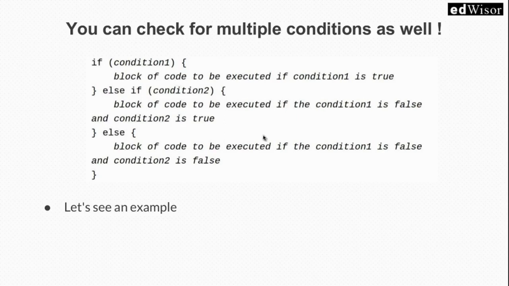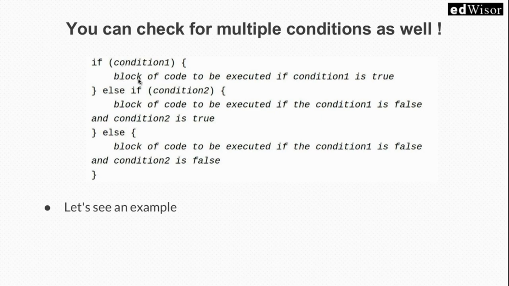For checking multiple conditions, we have this format. You have to write an if statement first, just like in the previous case. Then you have to write else if instead of writing just else. There is an else if condition which checks for a second condition. This is how the decision is made in the program. First the computer checks whether this condition is true or not.